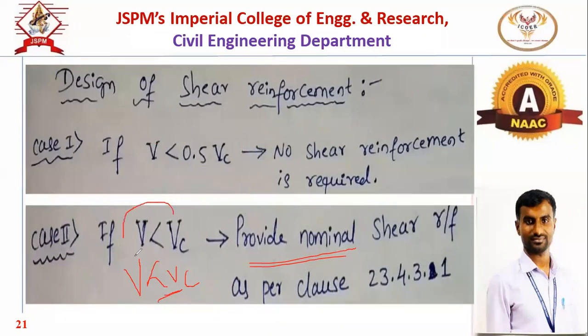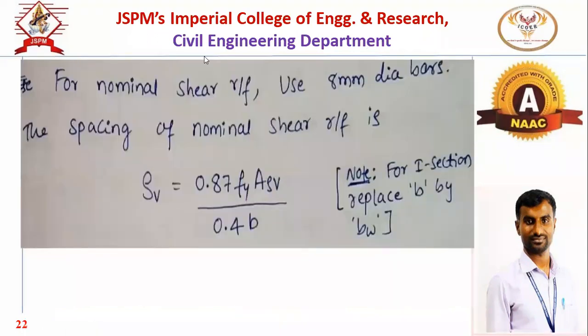When V is less than Vc, and when V is less than 0.5 Vc, that is Vc by 2, then there is no need of shear reinforcement. Whenever we have to provide the nominal shear reinforcement, we have to refer to the shear reinforcement clause.